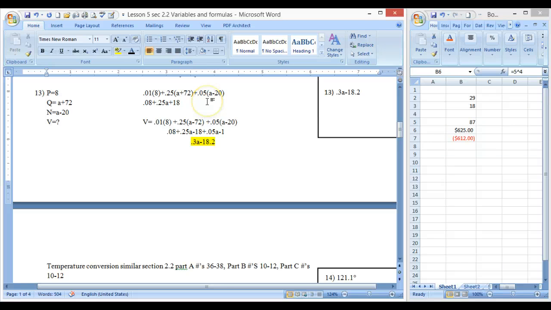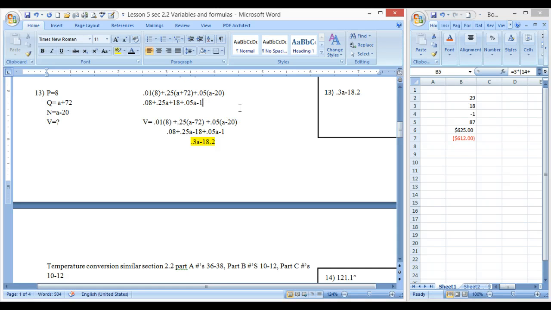Okay, so now let's move to the next part. Another distributive property here, 0.05 times A, 0.05A, and 0.05 times negative 20. Come over here, equals 0.05 times negative 20 gives me negative 1, or minus 1.